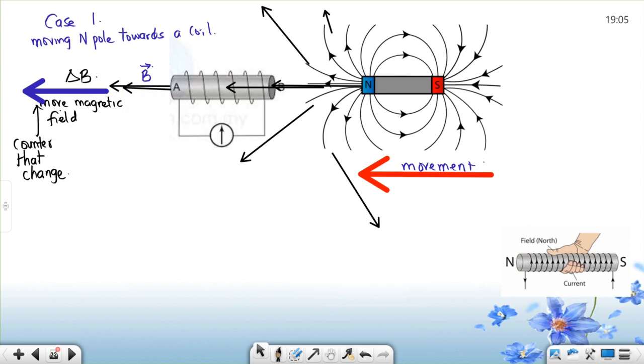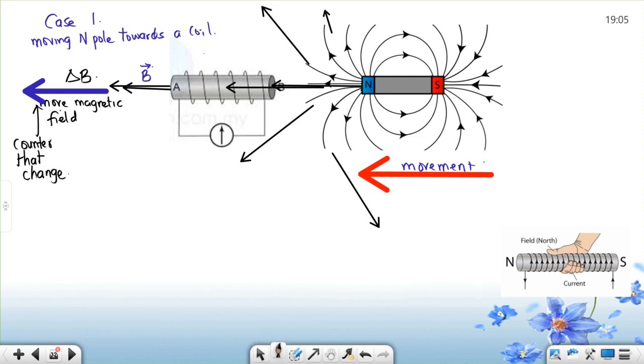How do we counter the change? Is it the right or the left? The word counter means to oppose. The word oppose means opposite. Please talk to me and let me know if you're lost. Once you get the first one, the second one becomes easy. I'm gladly waiting for your responses.